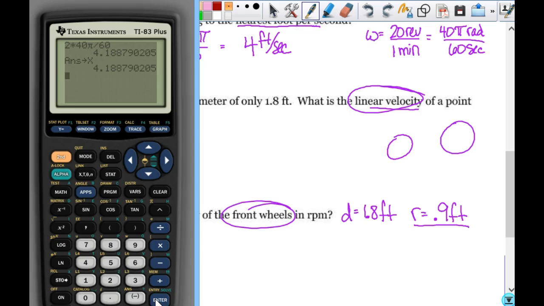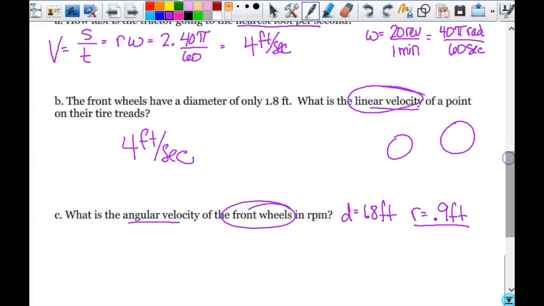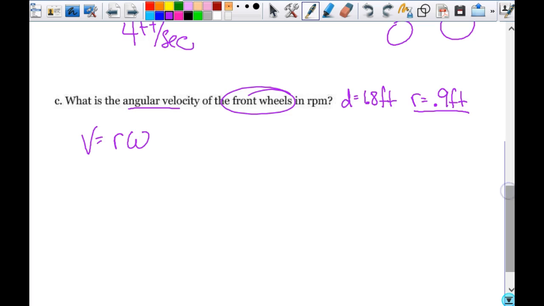So I've got that. Now, if I just set up what's happening here, it's the same formula. The velocity is equal to the radius times the angular velocity. In this case, we know what the linear velocity is. It's 4.1 something, because that's in the calculator. That's equal to the radius, which is 0.9, times the angular velocity, which we don't know.